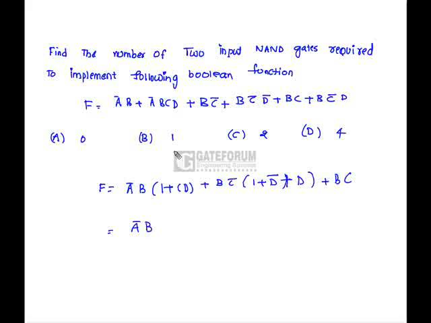This is A bar B, BC bar plus BC. Here A bar B plus B, C plus C bar, this is 1. So B into 1 plus A bar, that is B. After simplifying the Boolean expression F, we will get B. That letter B is already available, so there is no need to implement using 2-input NAND gates. Hence option A is correct.